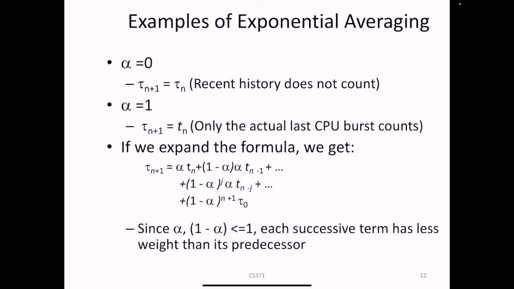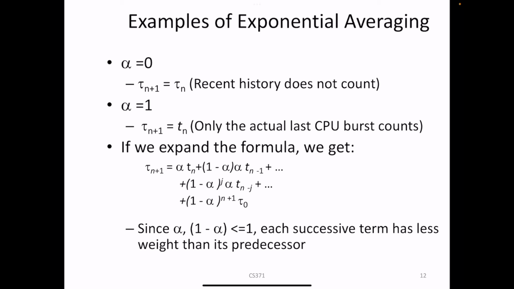In the other case, alpha is set to 1, then tau n plus 1 equals Tn. In this case, only the actual last CPU burst length is counted. As we mentioned in the previous slide, commonly the alpha value is set to 1 over 2, which means we give equal weight to both the previous predicted value and the actual value.